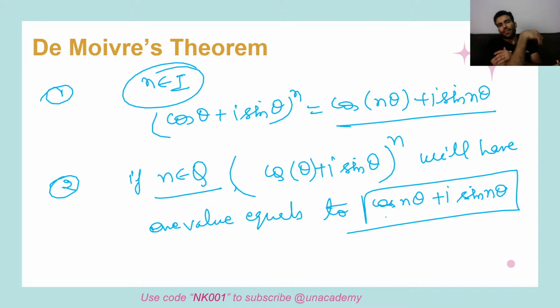I hope this is clear with everyone. Why is this happening with rational numbers? Because in rational numbers we can have multiples of 2 pi, so we can bring in that period also. Okay guys, let's move ahead then.